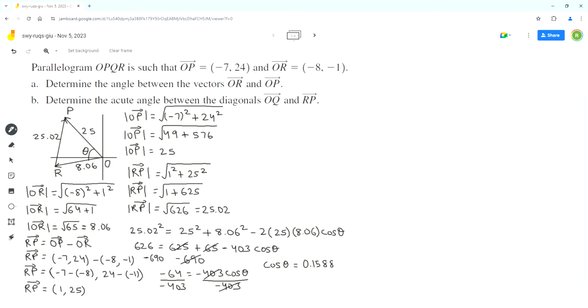And now we can do the inverse of cos. So I got almost 80.9 degrees. So this should be the final answer for part A.